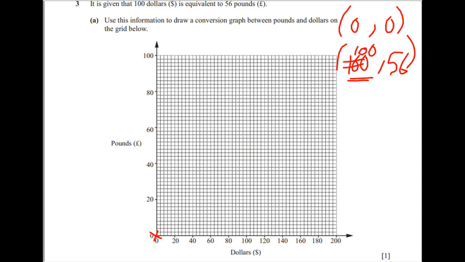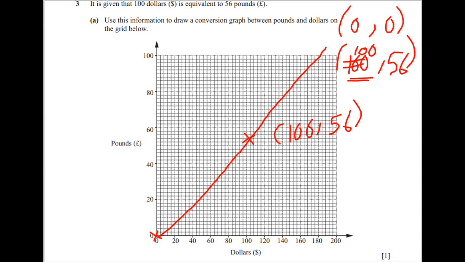Roughly, I can't really tell on this screen because it's zoomed out, but let's say roughly this is 100 comma 56. Now join these 2 points with the scale, and you'll have the answer for part A.